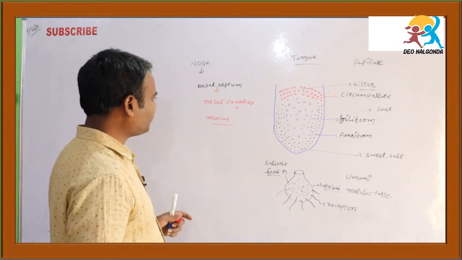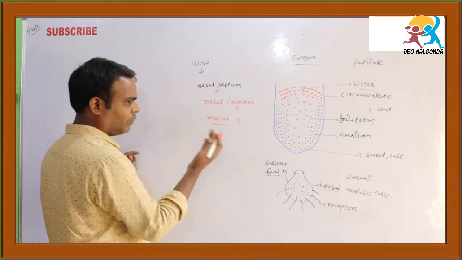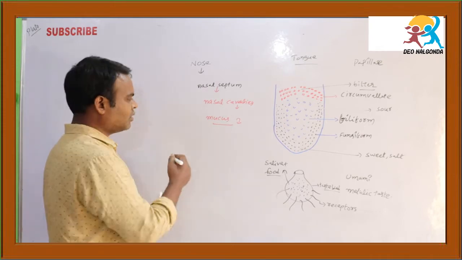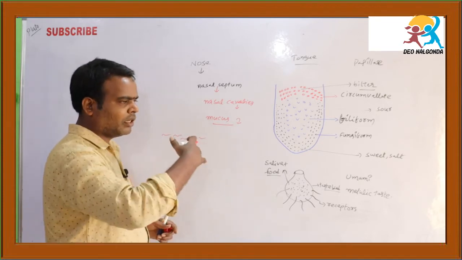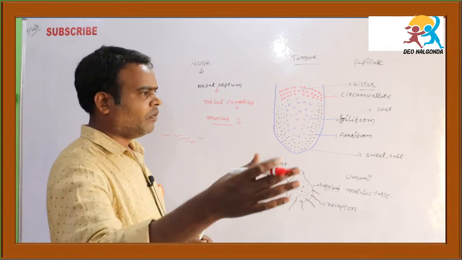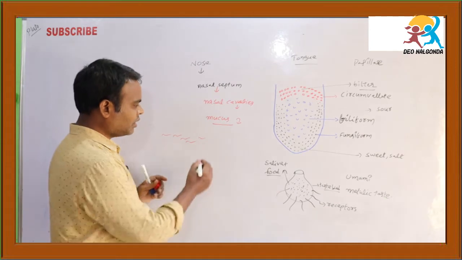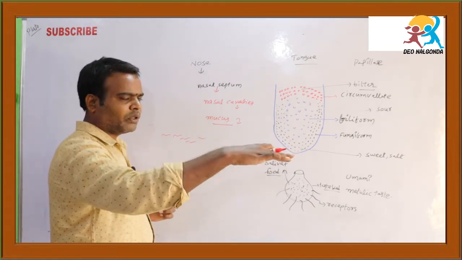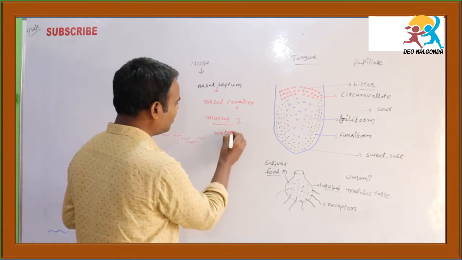So students, what is the role of the mucus? When you inhale something, when you receive a smell, the smell is nothing but a type of chemical substance. Through the process of diffusion, when it finally reaches the nasal chambers, the chemical coming through the air is diffused into water.